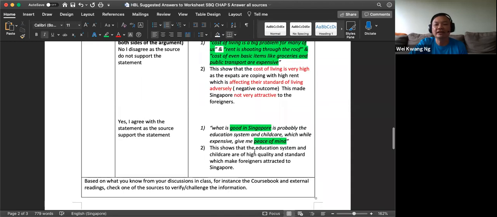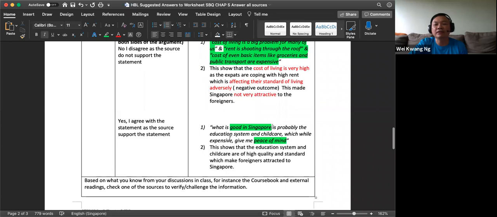So what did he say? He says that what is good in Singapore is the education system and childcare, which means that the childcare and the education must be of high quality and standard. So this high quality and standard will make people want to come to Singapore.